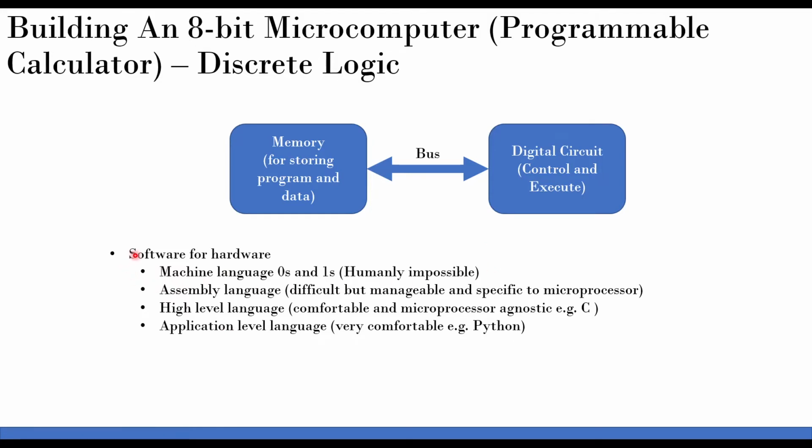It has to be there because that's the only thing which can communicate with the hardware. So you can think of that hierarchy. You start with the high level, then it gets to the low level, then the machine language that communicates with the digital circuitry. This machine language sits in the program memory. So remember that.